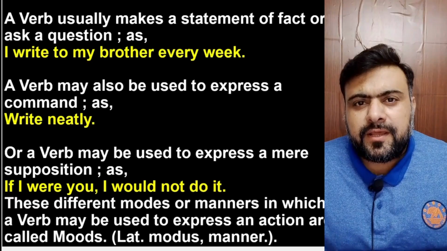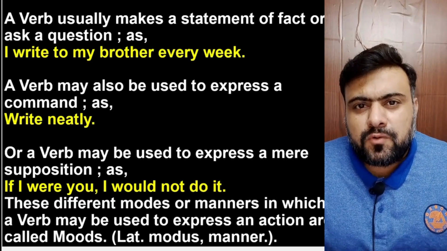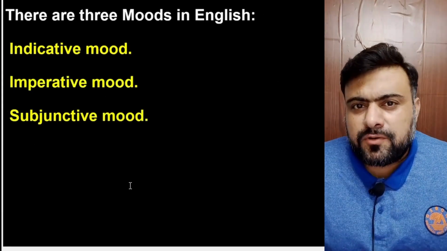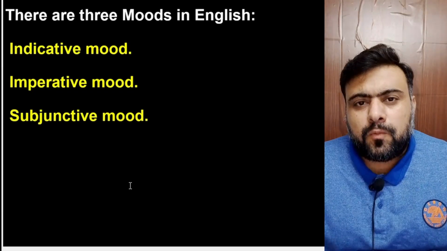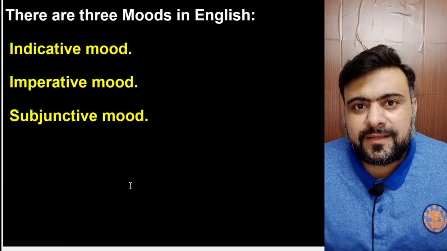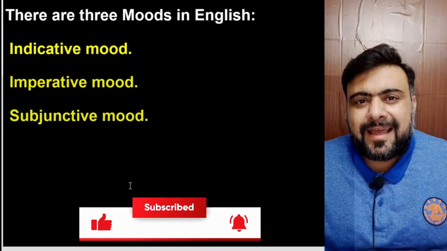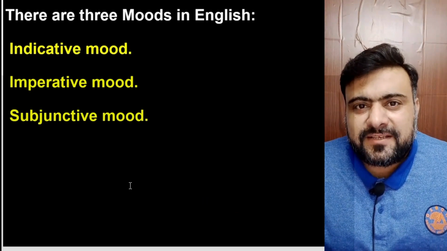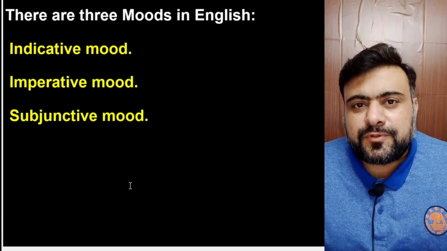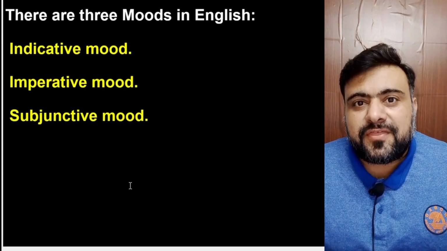So there are three manners, three moods of a verb. Those three moods are the indicative mood, which makes a statement of fact, the imperative mood, which expresses a command, and the subjunctive mood, which makes a supposition, which supposes things.